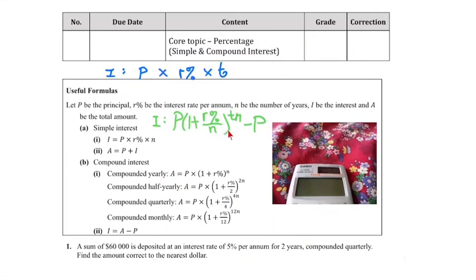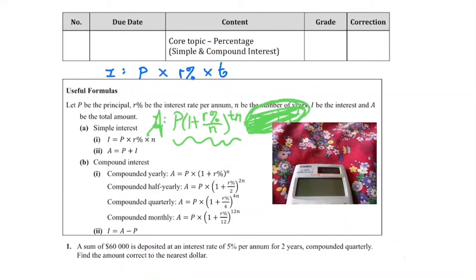So that will be this thing and then plus 1 more P. And if I add 1 more P, what does it become here? Minus P plus P, that is cancelled. So that's why the total amount will use this formula. Easy peasy? Yes, actually it is easy.